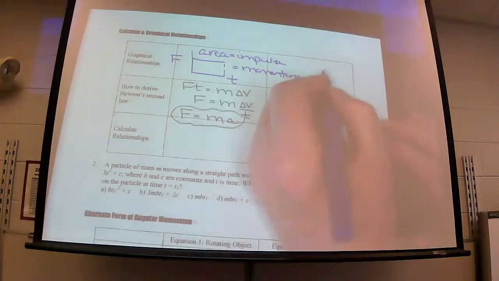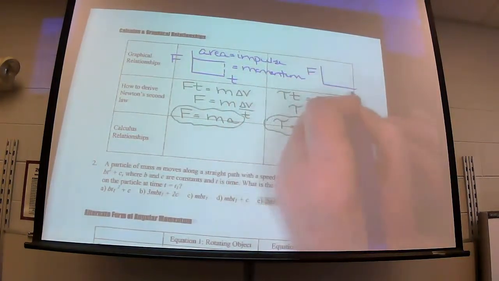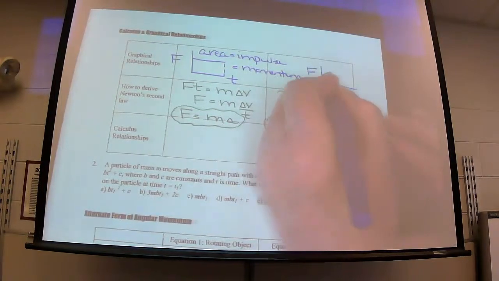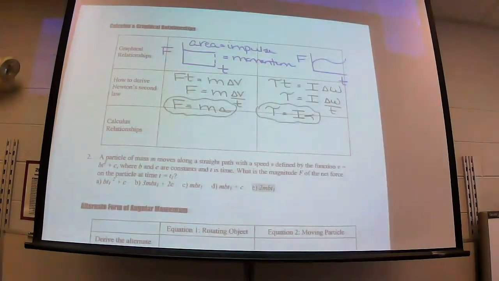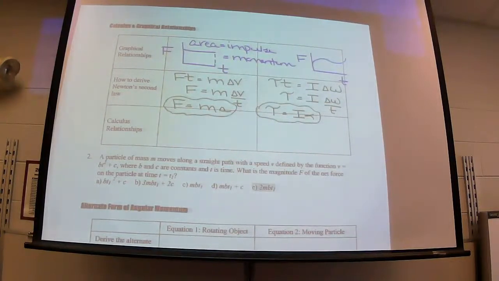From a calculus standpoint, what if the force wasn't constant, but it was variable? How would you find the impulse or the momentum? You'd have to integrate that. Okay? And if you can see that you'd have to integrate that, then you know that if you took the derivative, you could be finding the opposite.